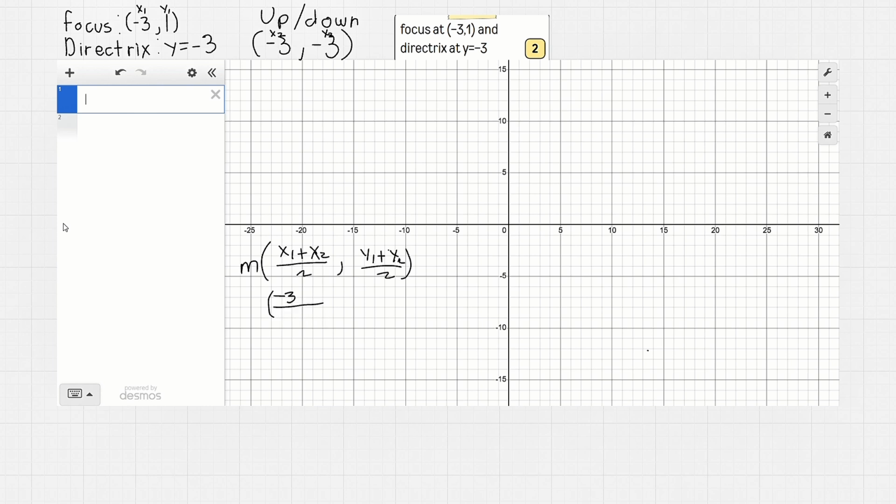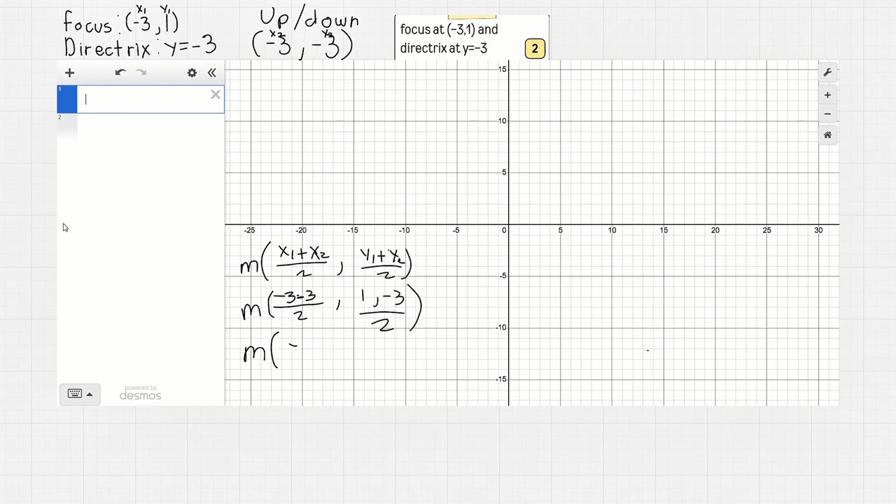Our x sub 1 will be negative 3 plus negative 3, we have 2, and comma, y sub 1 we have 1 and our y sub 2 is negative 3, divided by 2. Now, let's simplify.